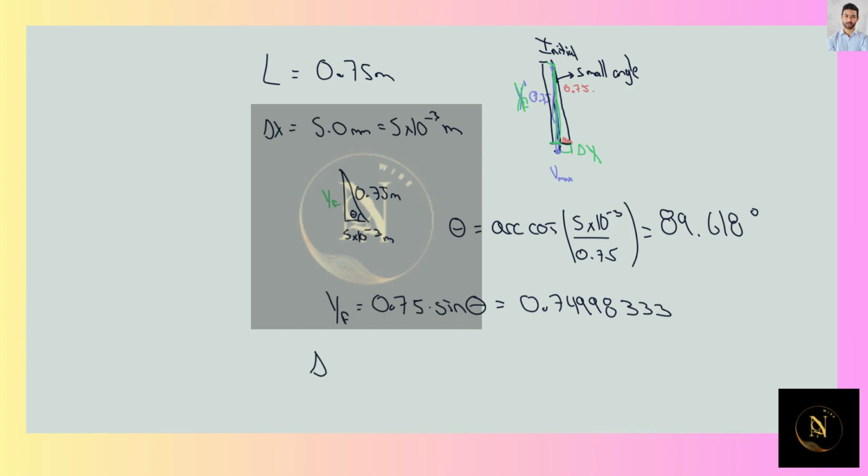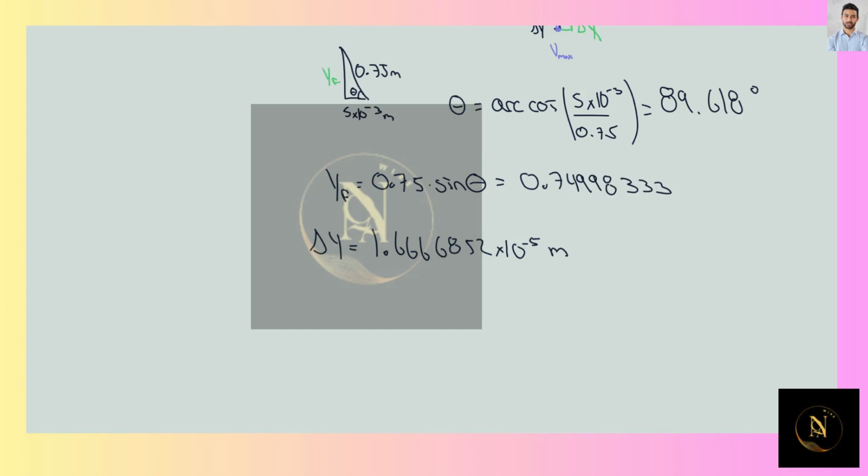This implies that the change on the y-axis would be equal to 1.66852 times 10 to the minus 5 meters. And this would be our delta y.